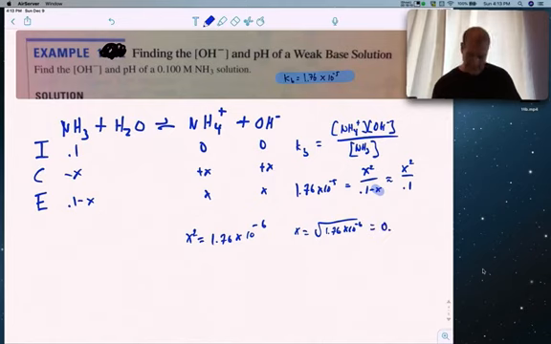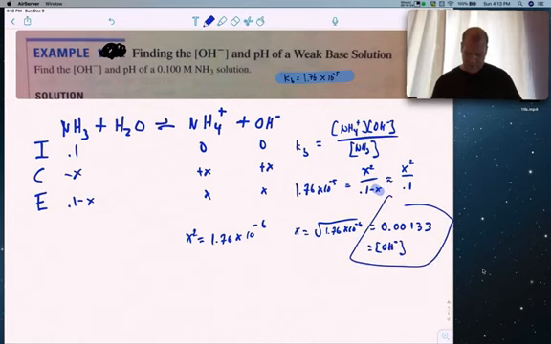This is 0.00133, and so this also equals our hydroxide ion concentration. So this is part 1. And the pH: 14 minus the pOH is pH.